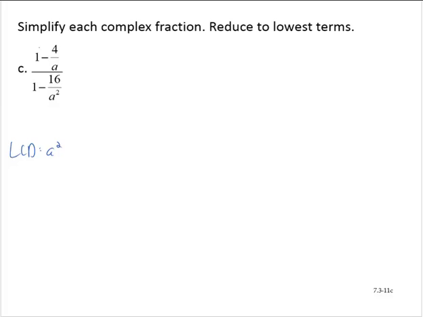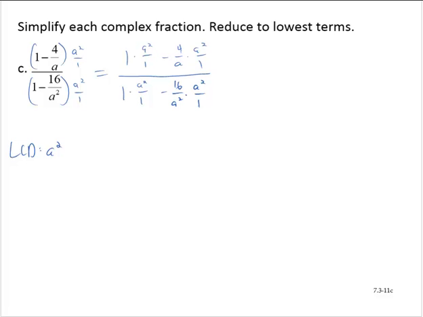So let me multiply both numerator and denominator by a squared over 1. And so this would give us equivalently 1 times a squared over 1 minus 4 over a times a squared over 1, over 1 times a squared over 1 minus 16 over a squared times a squared over 1.